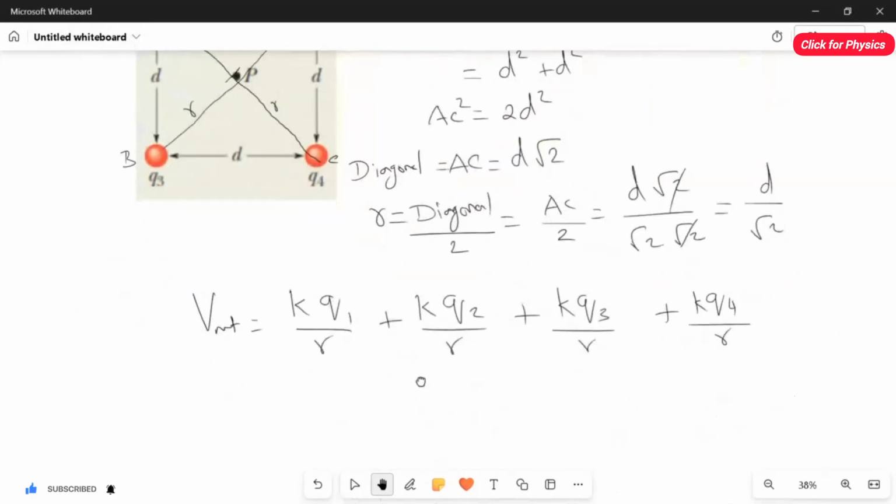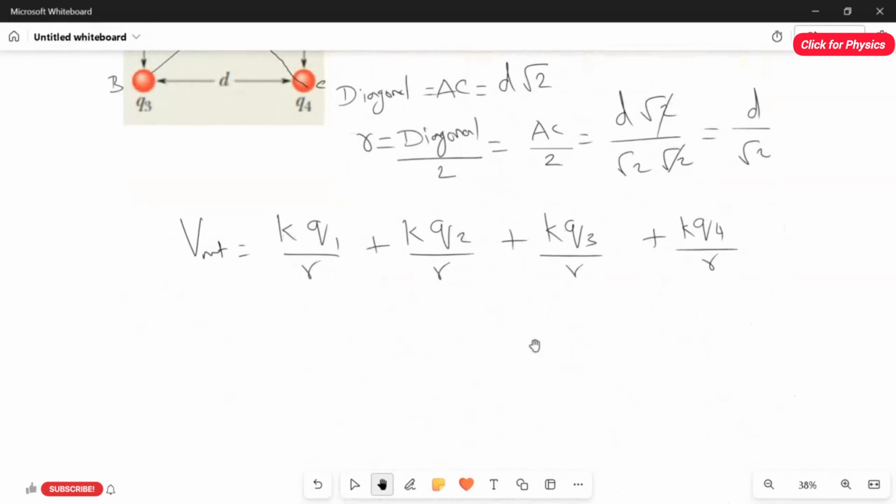So we have to consider the sign for Q2 as negative. So in this equation, in place of positive, we have to put negative, because Q2 is negative. Once you substitute the values, let's take the common term K over R outside. So what is inside? Q1 minus Q2 plus Q3 plus Q4.